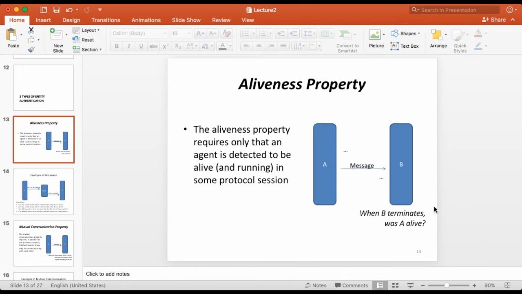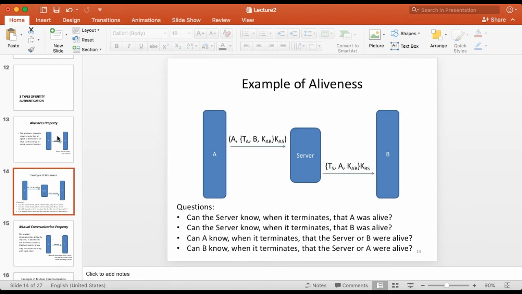In the case of the aliveness property, the idea is that when B terminates, the question is, was A alive or not? Let's take the same example that we went through in the previous slide. We have Alice and Bob, trying to communicate with the server via a couple of messages. Can the server know when it terminates that A was alive?